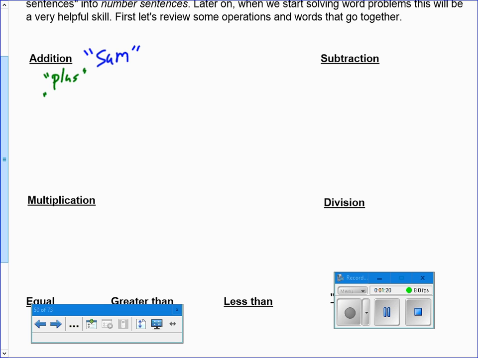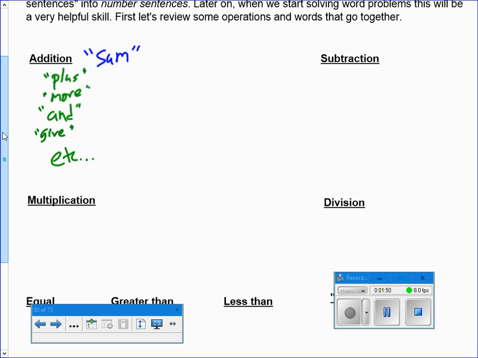I say more. A lot of times in class I'll say and. Where you might hear give involved in a word problem, meaning you're adding. So there are a lot of different words. This isn't all of them. This is just some words that you see that might mean addition.